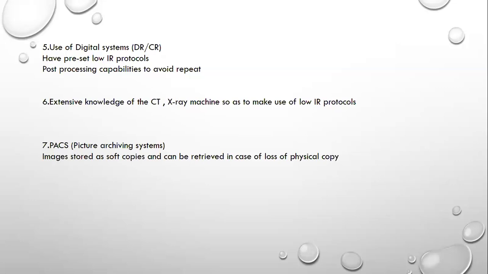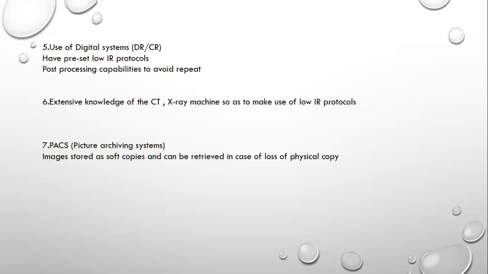The radiographer should also have extensive knowledge of the machines that he's operating so that he's able to use low IR protocols. We also have what we call PACS systems now, which are almost in all government facilities, and I would imagine private, where PACS stands for Picture Archiving Systems, where the images are stored as a soft copy and can be retrieved in case of loss of physical copy.